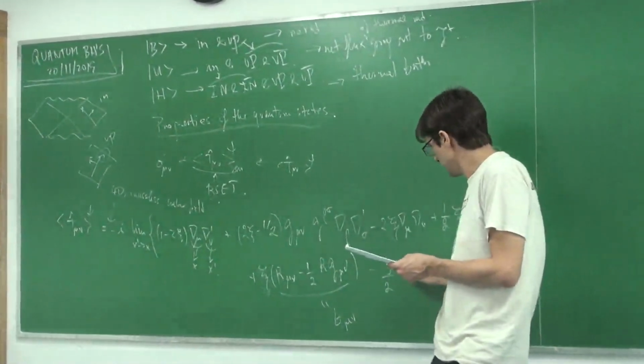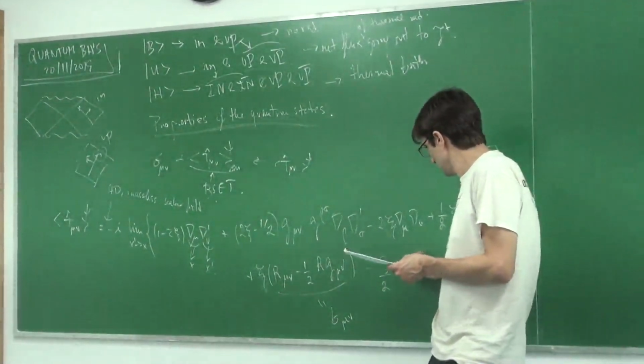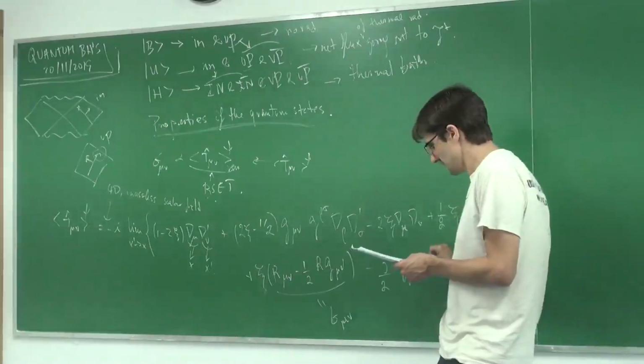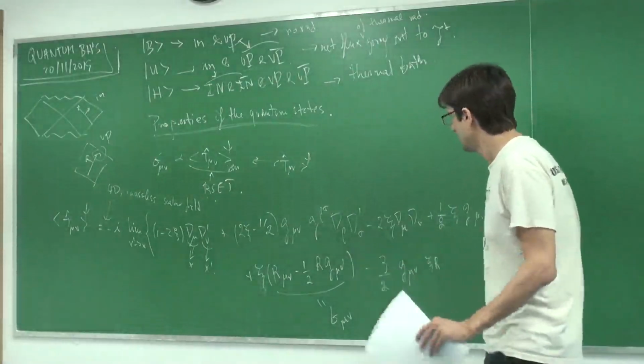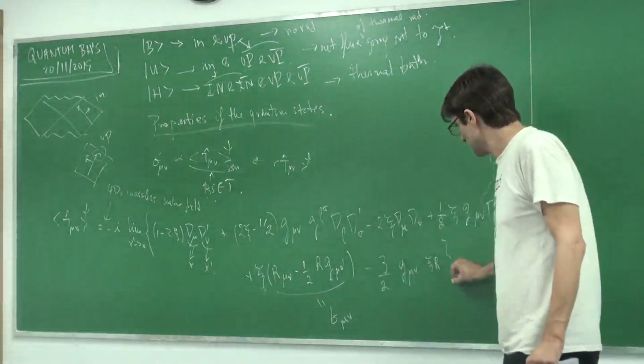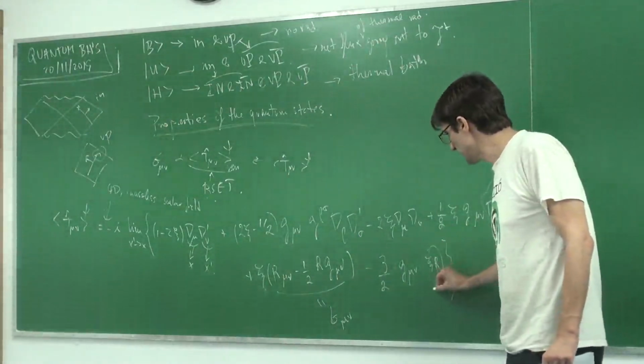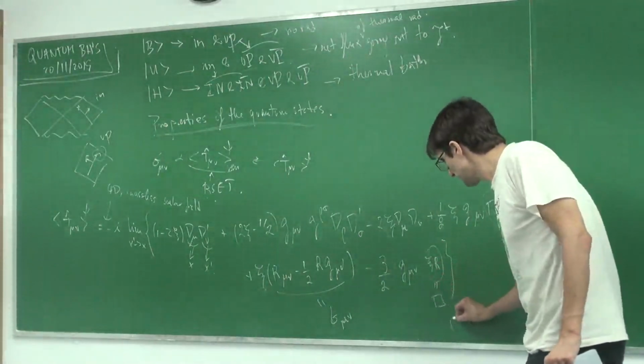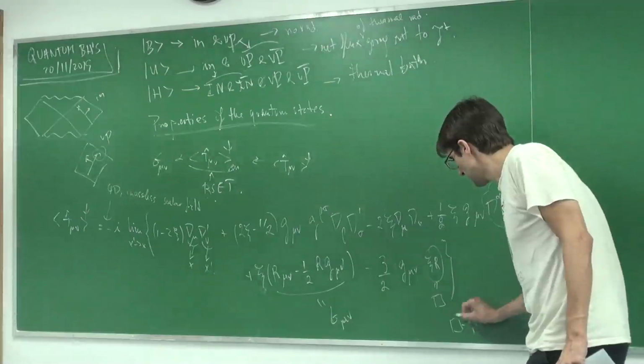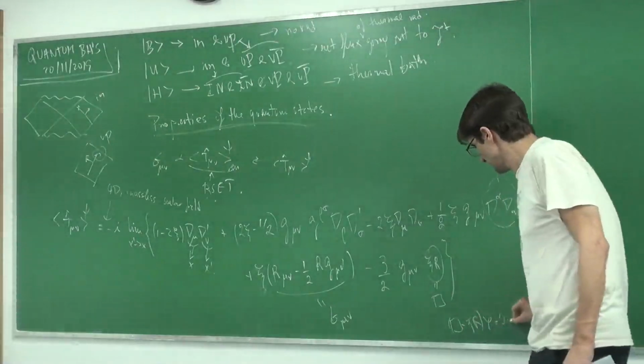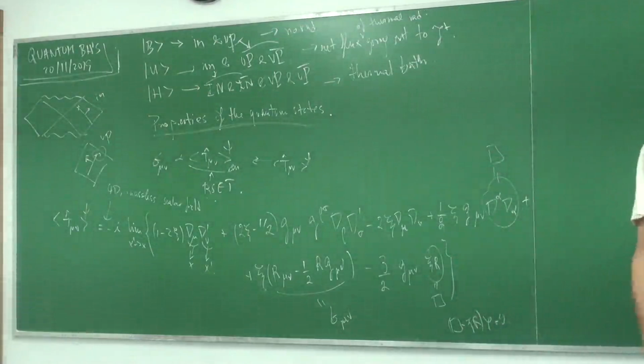So this is Xi R, and all this Xi R, you can just replace by box. Remember that box minus Xi R phi is the Klein-Gordon equation.